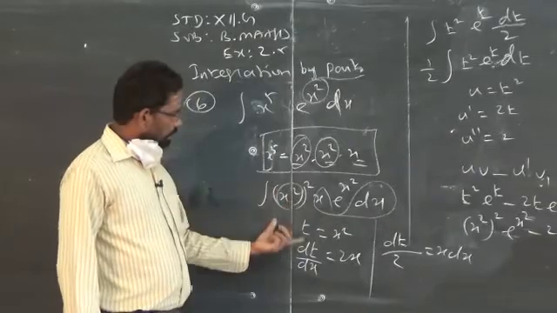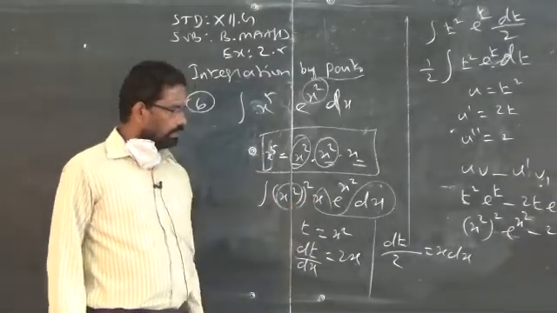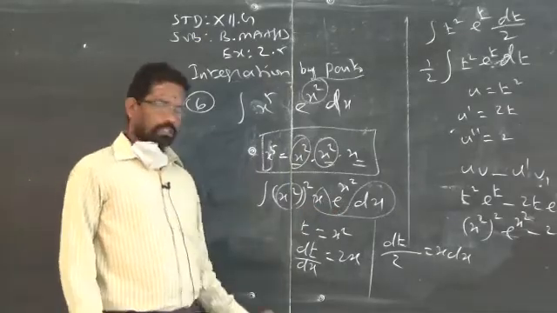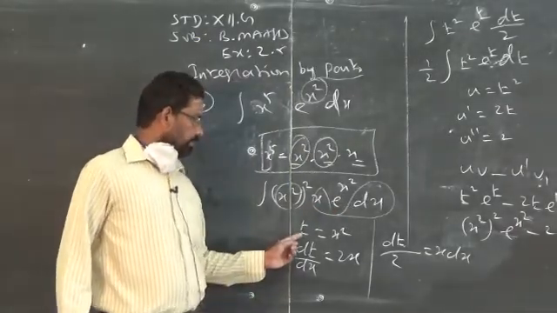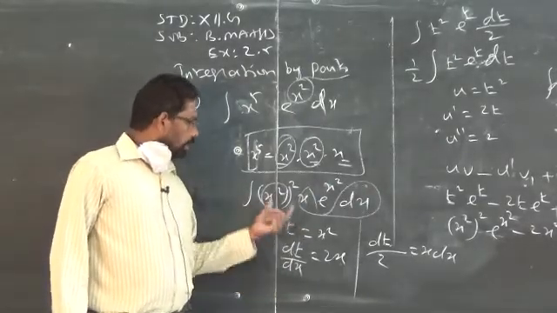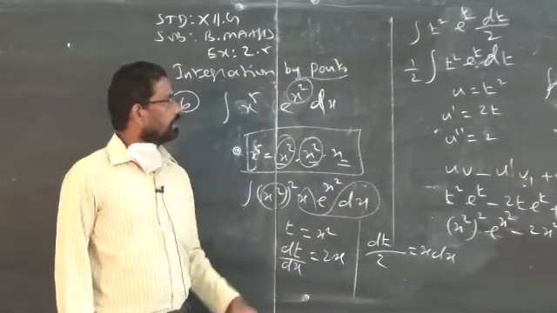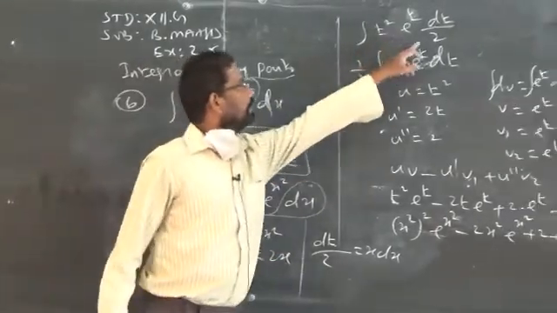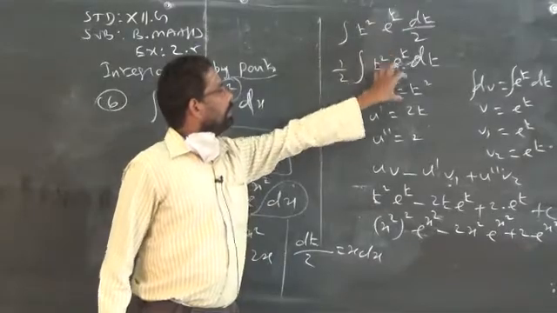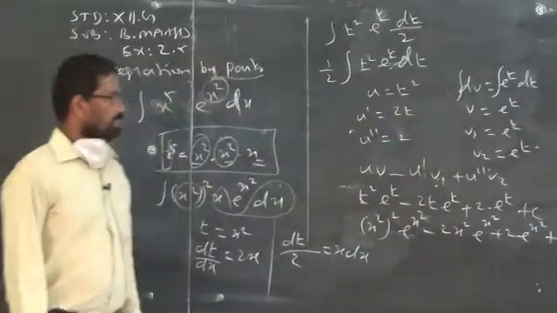Then I apply t, because there are not so many factors. To avoid tedious calculation, I am considering the power of e as t, that is x square as t. Just differentiate, and you will get the answer. See, I got t square e power t. So apply that UV method, and you will easily get the answer.